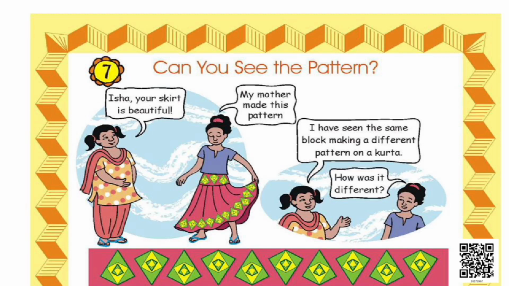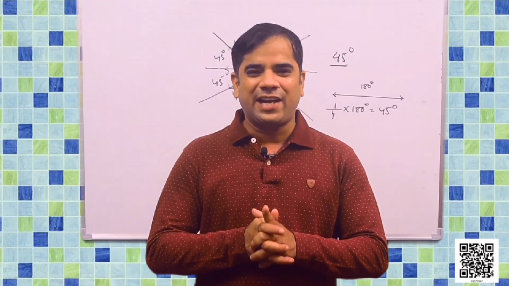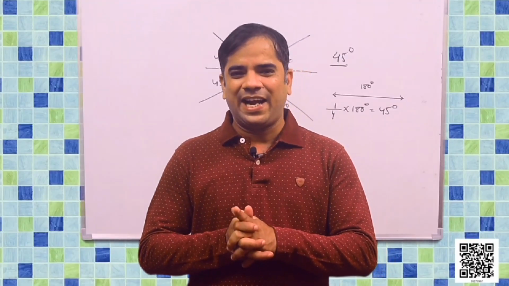As you can see in the page, the skirt is having one up and one down pattern and it is repeated, but the kurta is having a turn of 1/4 and it is repeating clockwise. Okay? So students, now you use these two rules. Which two rules? One up and one down and repeat it again and again.